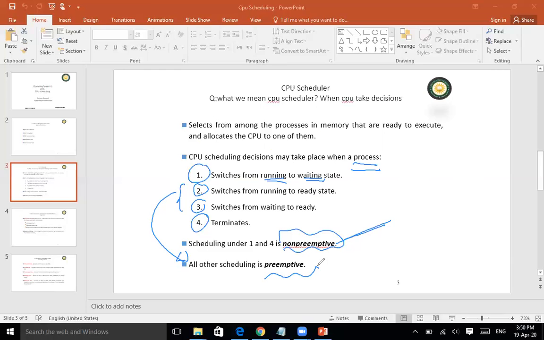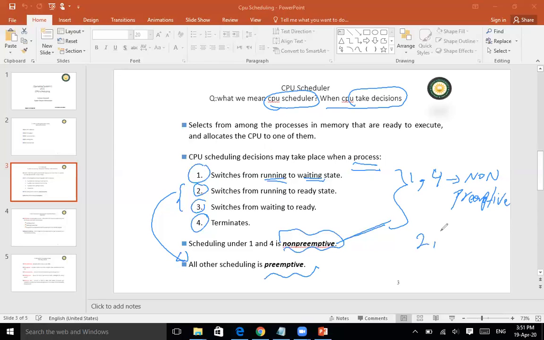So this is regarding what we mean by CPU scheduler and when the CPU takes a decision. In those 4 cases, case 1 and case 4 are non-preemptive.